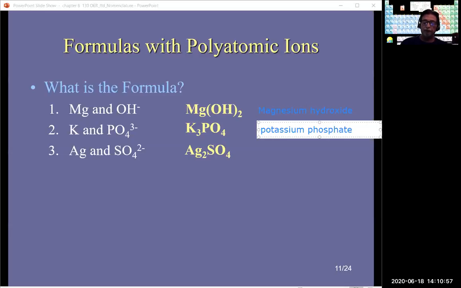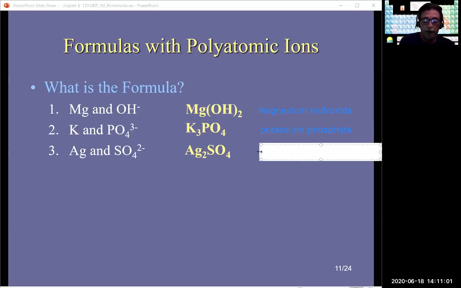The name we get from the polyatomic ion. And this one here, the next one, silver sulfate. Oh, yeah, do check your spelling. Sulfate. Now, notice we didn't use the Roman numerals here because all of the metals are part of the 16. So we don't require Roman numerals here. Okay.